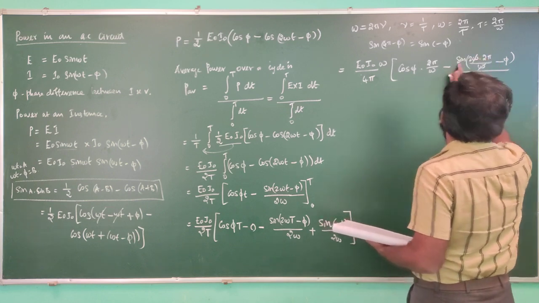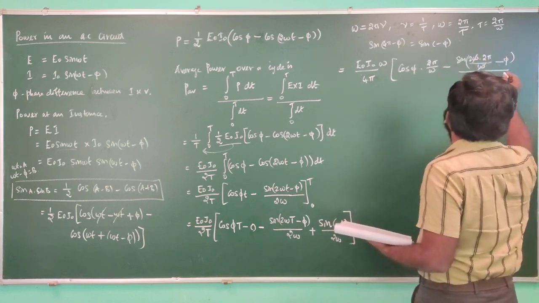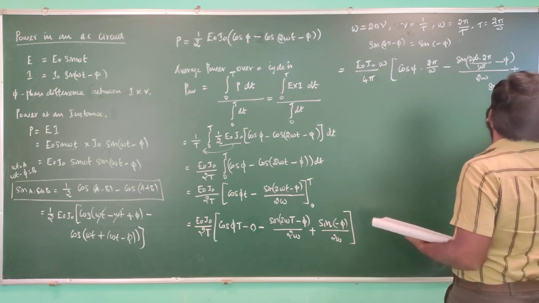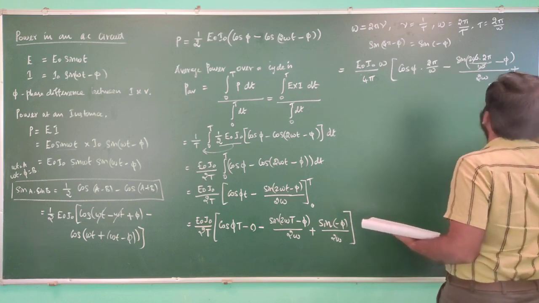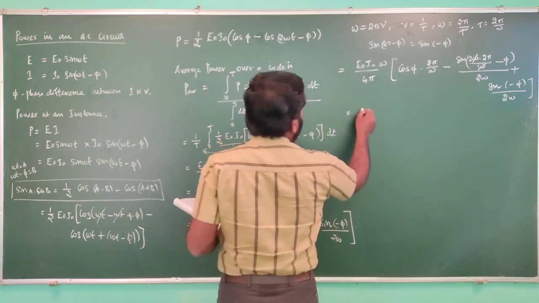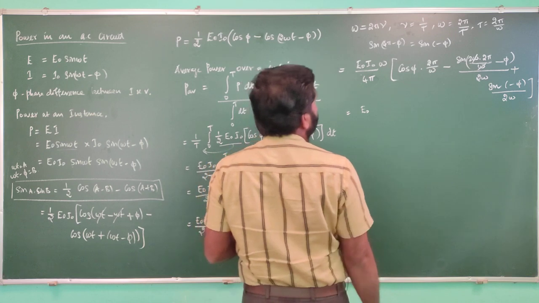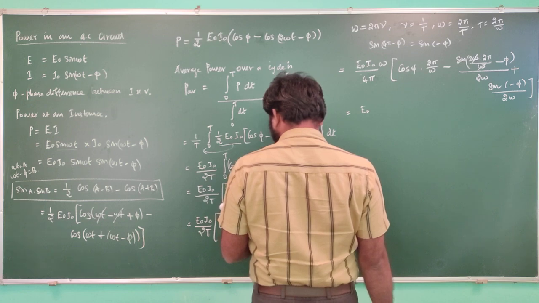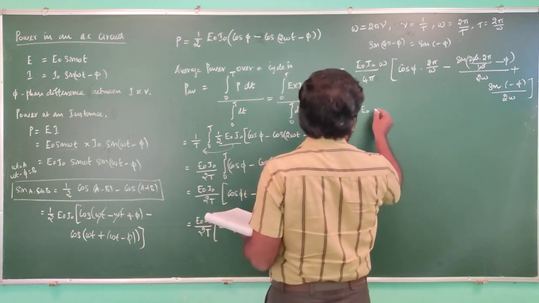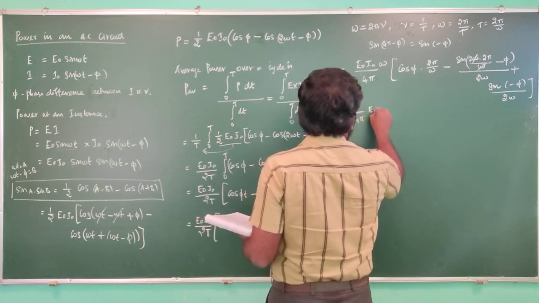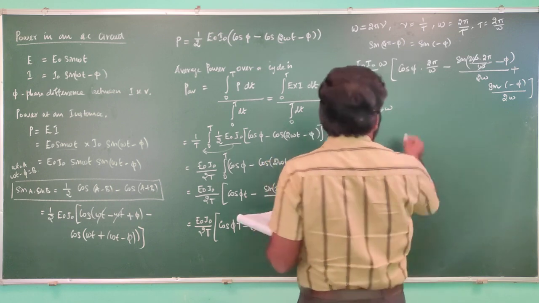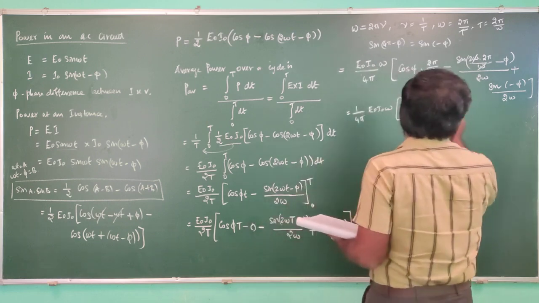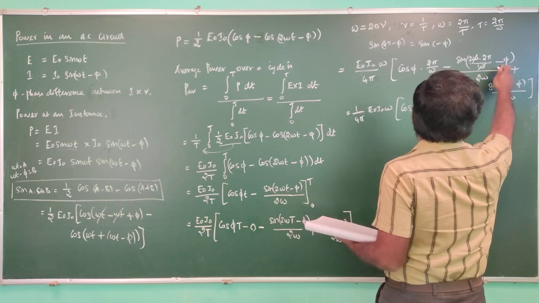So omega will cancel out here, it becomes 4 pi minus pi by 2 omega plus sine of minus pi by 2 omega, so that this becomes 1 by 4 pi E naught I naught omega into cos pi 2 pi by omega minus sine 4 pi minus pi.